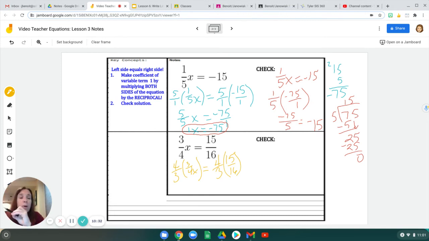All right, again, I'm just multiplying numerator times numerator, denominator times denominator. 4 times 3 is 12. 3 times 4 is 12, and attach the x. 15 times 4, I'm going to go over here, do that, 60. And 16 times 3, I'll go over here and do that, 48.